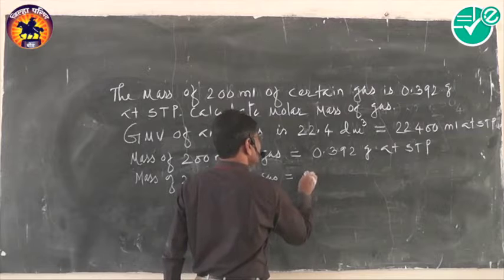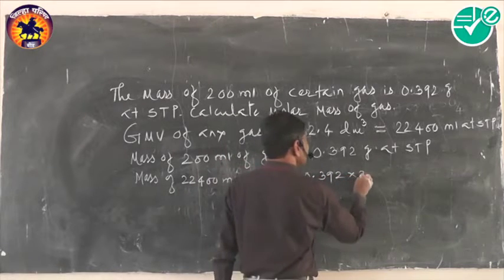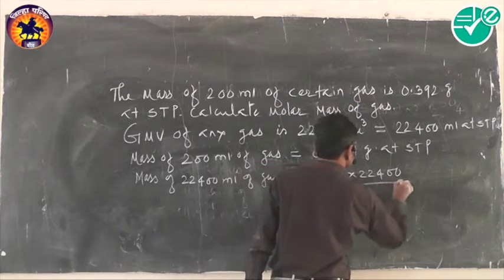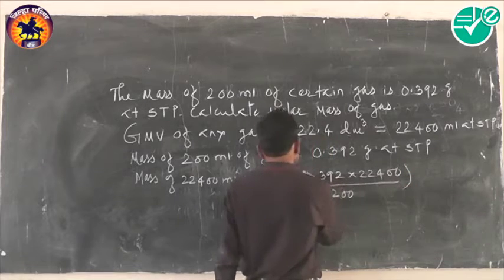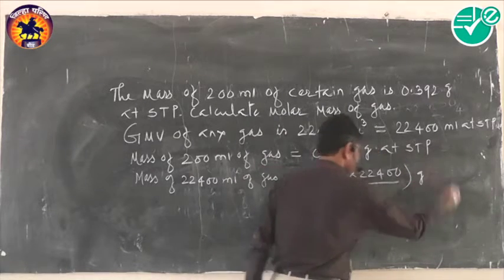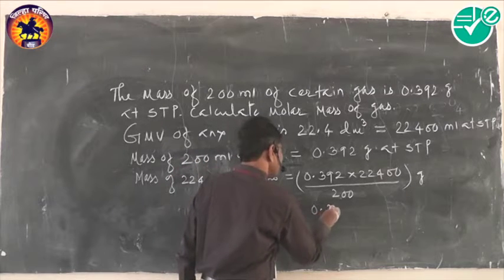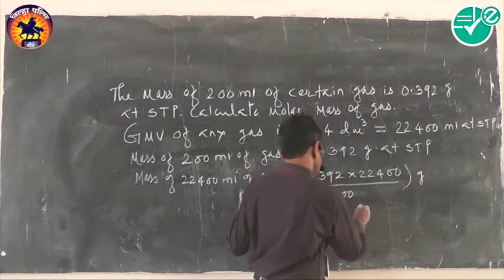So which is equal to then 0.392 multiplied by 22,400 ml upon 200. This is in terms of gram, and thus it is equal to 0.392.